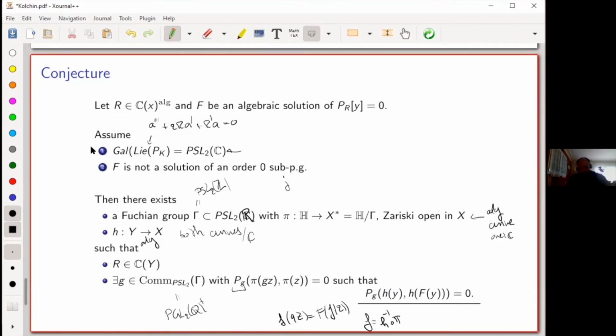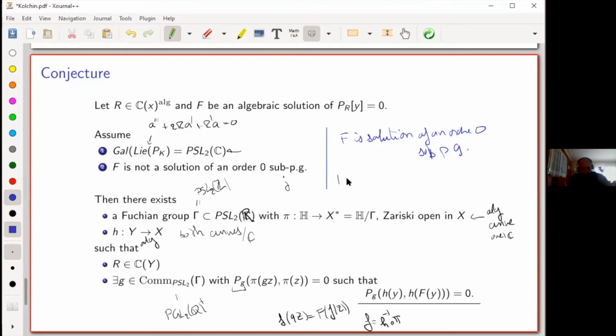So what happens if, for instance, F is a solution of an order 0, then you can erase the P. So I will write it in blue. Without condition on the Galois group, if F is a solution of an order 0 sub-pseudogroup, then F satisfies something like this.